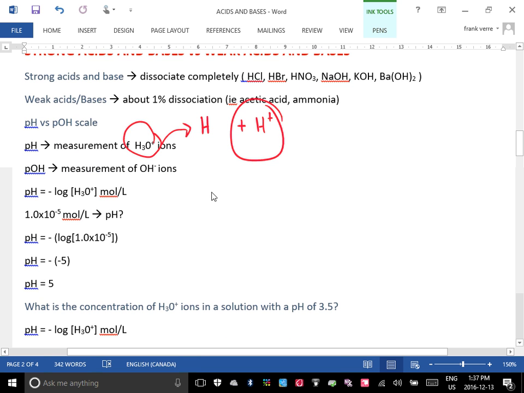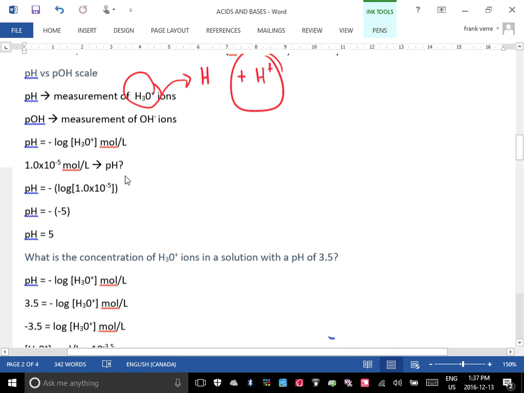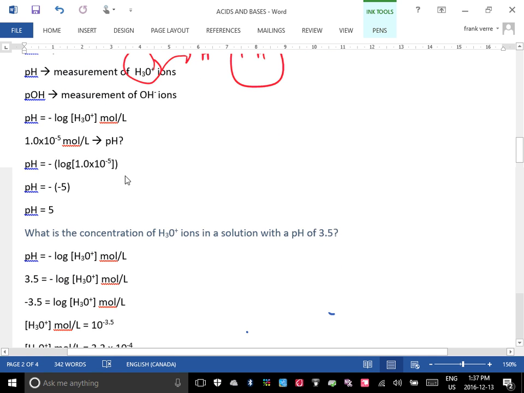So to understand how to use the pH scale, you have to understand log function, alright? So the pH scale is a measurement of the concentration of hydrogen ions in moles per liter. Okay? In moles per liter.